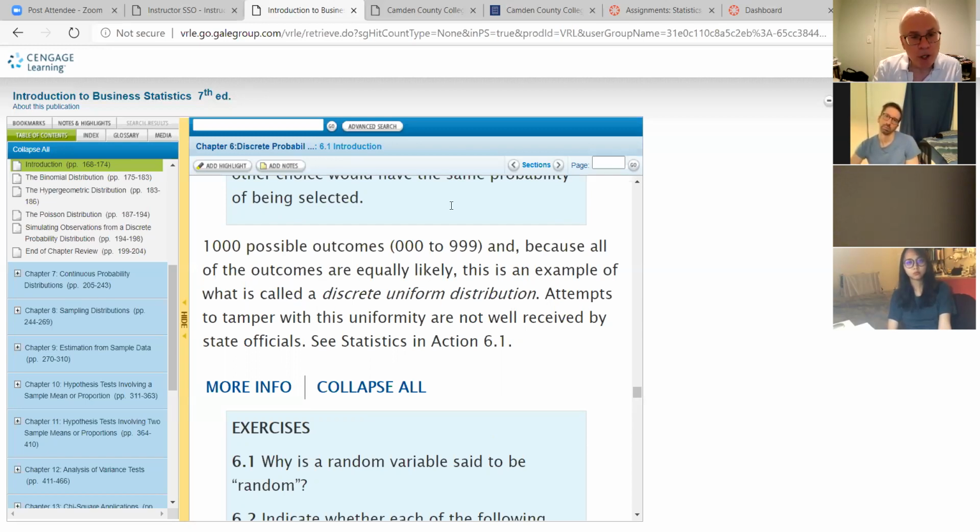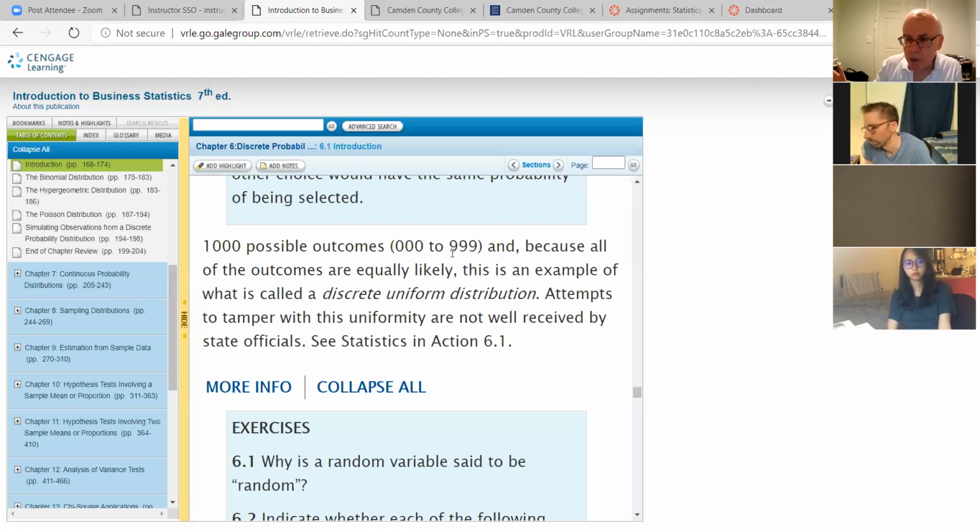If we listed all 1,000 of these numbers, picture listing them all the way across the page, we know each of them had a probability of what? 1 out of 1,000. We multiply the values times the probabilities. Every single one of those values is being multiplied by 1 over 1,000.